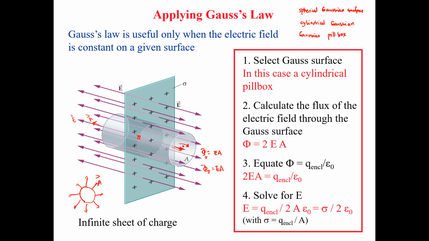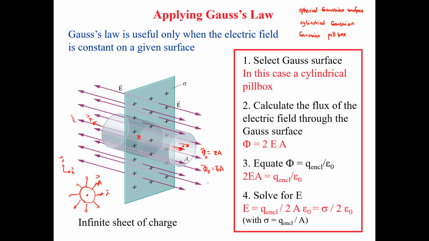So kung diri po ka magkuha, radial gihapon ang imong area vector. But your electric field vector is not into the cylinder or out of the cylinder. So meaning to say, ang imo ang electric field vector is perpendicular sa imong area vector.